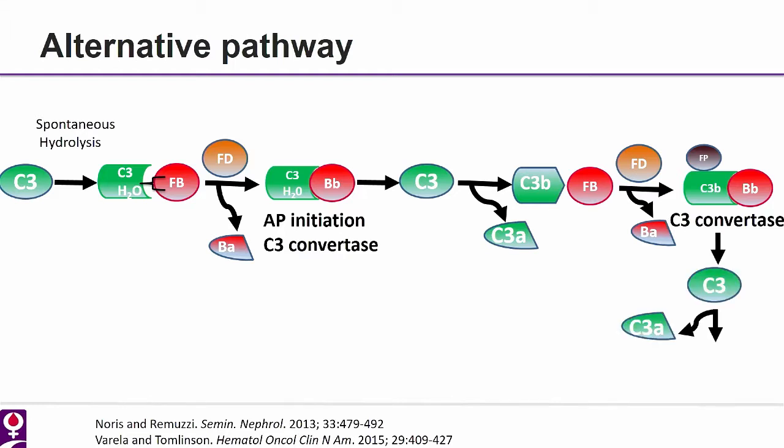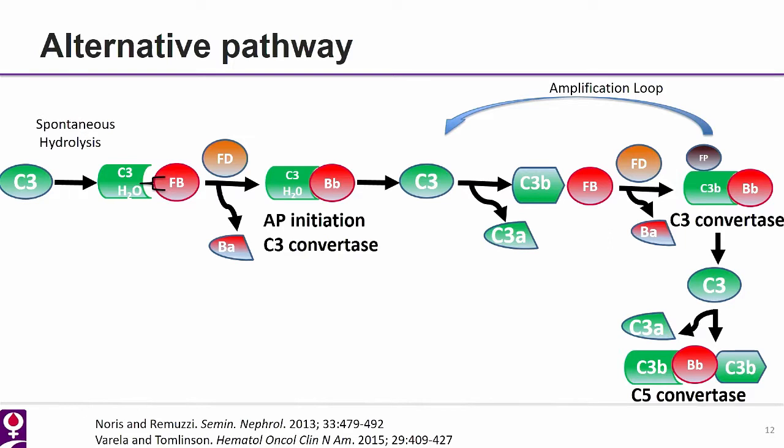Now this C3 convertase can again cleave C3 into C3a and C3b, and ultimately it makes the alternative pathway C5 convertase. So this C3 convertase can again act on C3 and amplify the loop. That is called the alternative pathway amplification loop. Also, C3b formed by the lectin and classical pathways can enter the amplification loop and further enhance the complement activation.